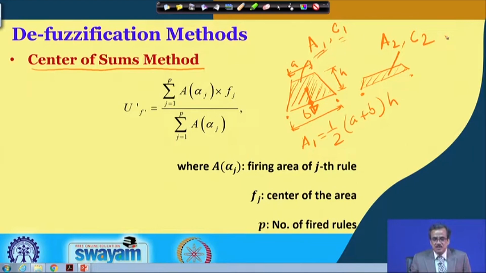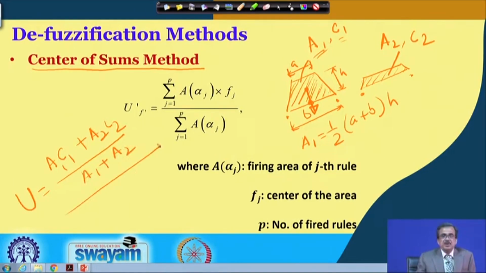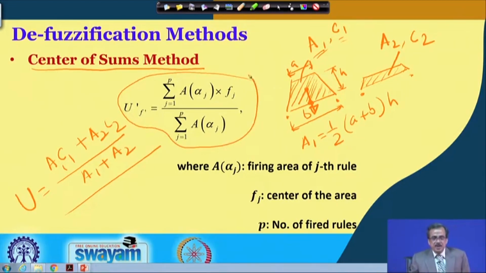And once you have got A1, C1, A2, C2, very easily we can find out the crisp output, denoted by U, and that is nothing but (A1 C1 plus A2 C2) divided by (A1 plus A2). So, this way is going to give the crisp output. Now, in this formula form, I have used slightly different notations.